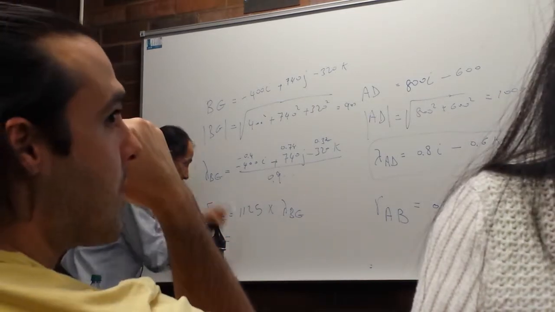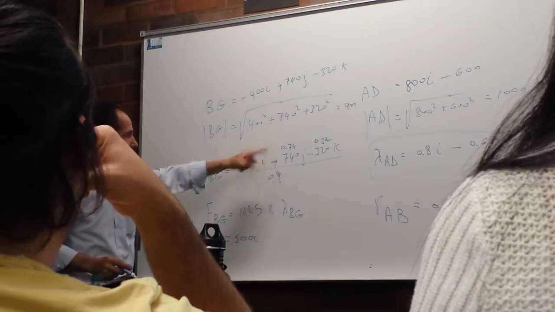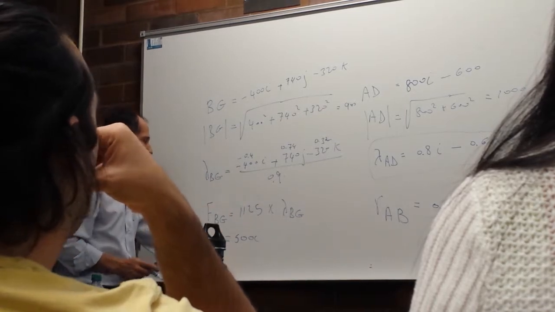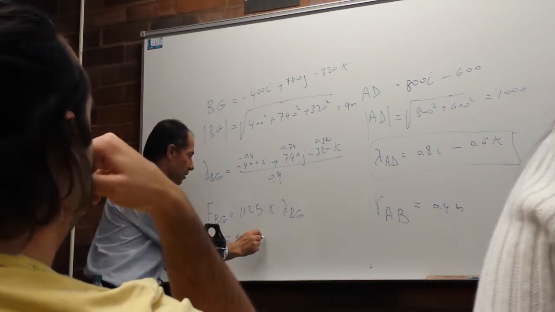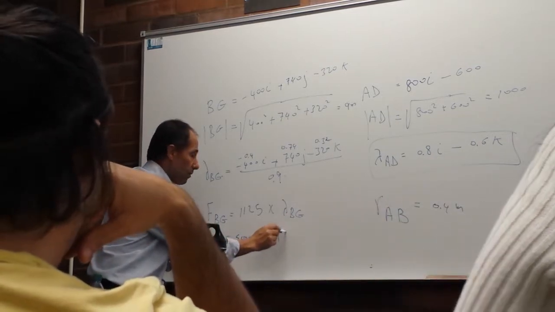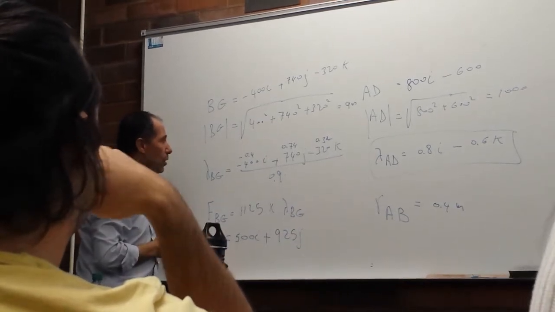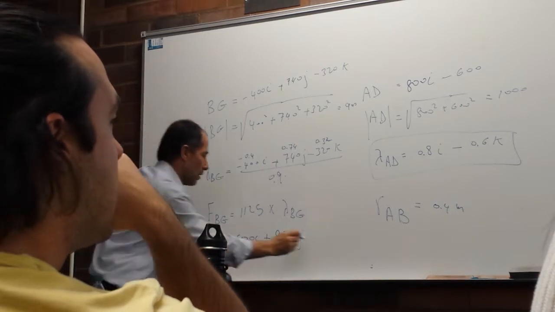You got 500 I. 0.74 over 0.9 times 1125 is 925. Yes. 0.32 over 0.9 times 1125. 400.